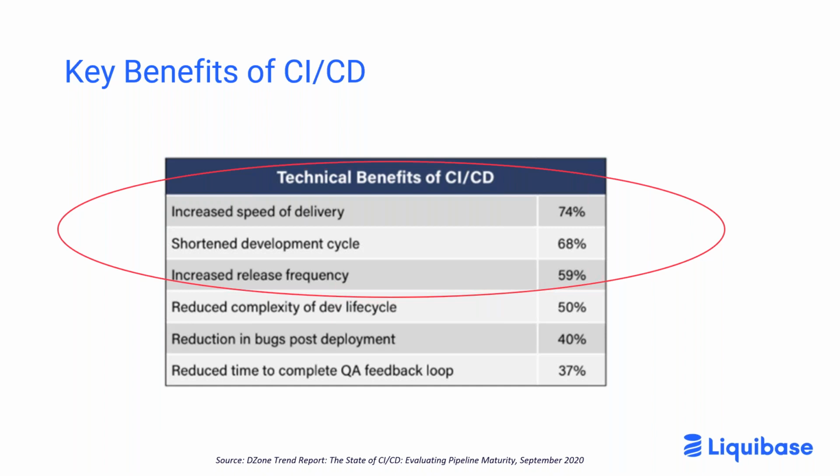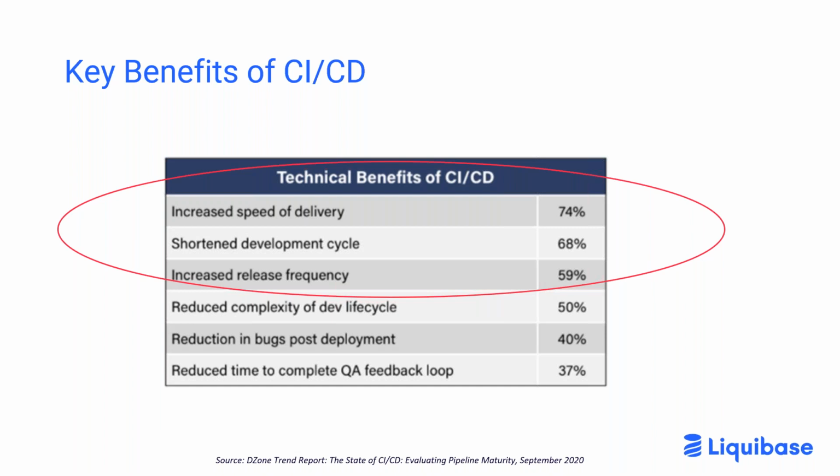Unsurprisingly, and this matches us, the top two, relatively close in our poll, were increased release frequency and increased speed of delivery. What was interesting is that the shortened development cycle in our version of this was much shorter. We may skew to a DevOps/SRE community more than a dev community. So it'd be kind of interesting.